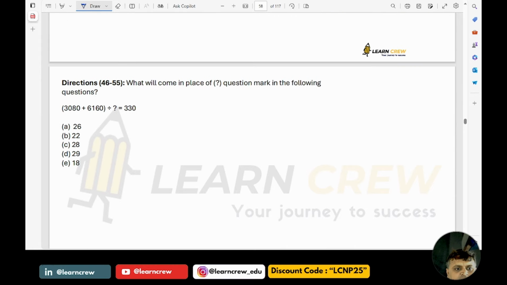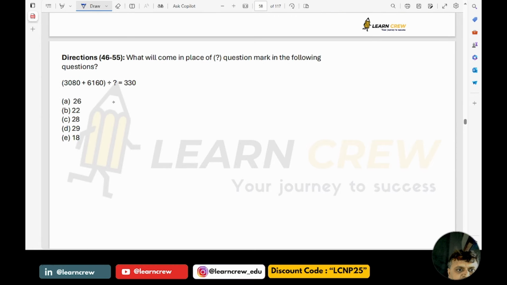Next. The last one from simplifications. 3080 plus 6160 divided by how much would be 330. Here also you can apply digital sum. 3080 plus 6160 is equal to 330 into x.